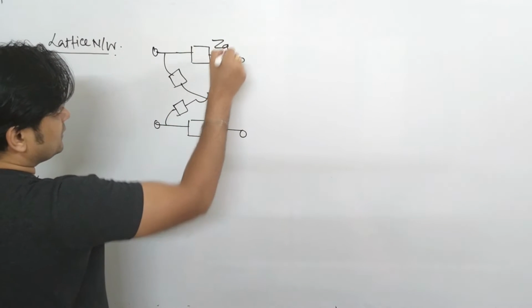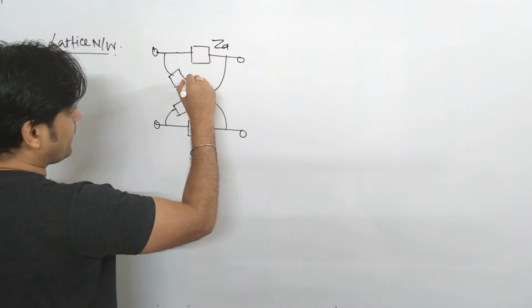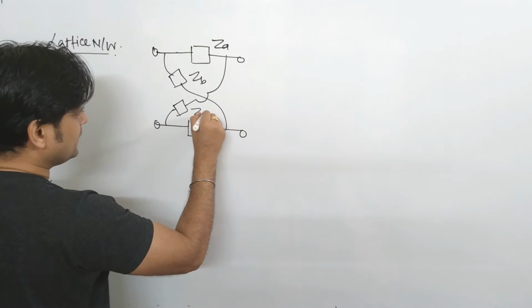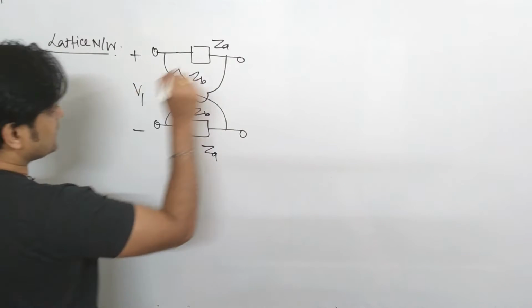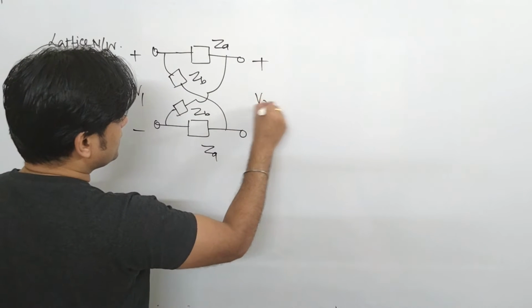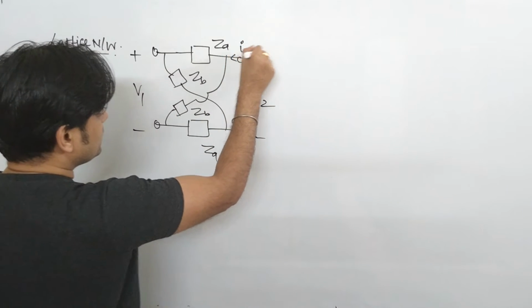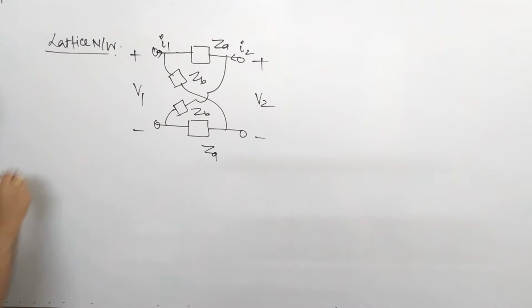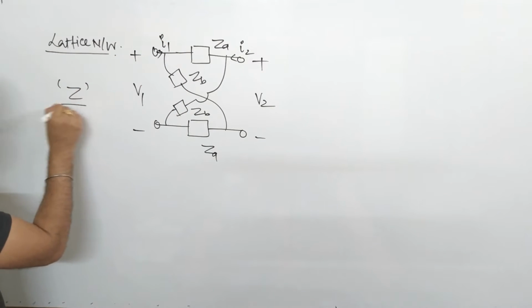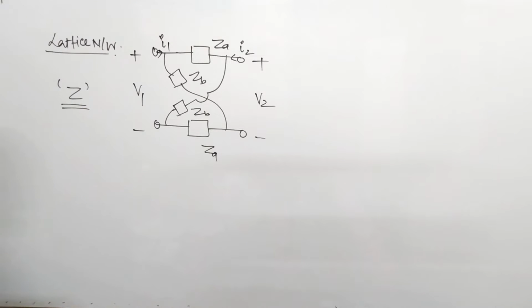Very important thing is this is your ZA and this is your ZB. This you keep in your mind. If I consider this as V1, this is V2, so here the current is I2, here the current is I1. Okay, and what we find here is known as the Z parameter.